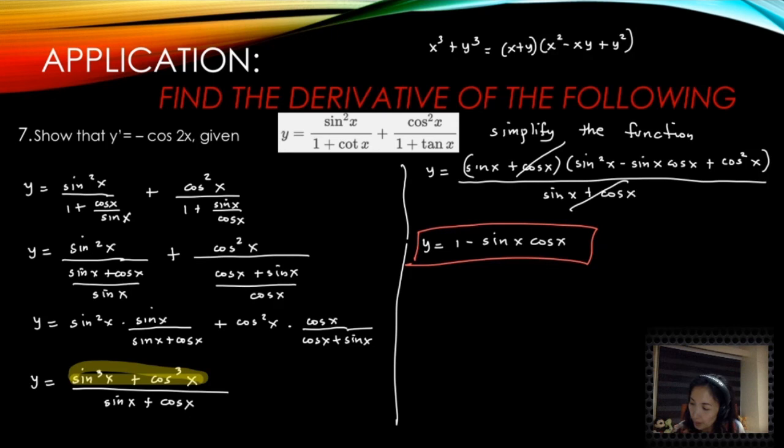So y prime is equal to the derivative of 1, which is 0, minus, look at this, it's a product.